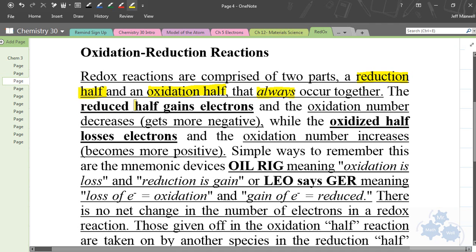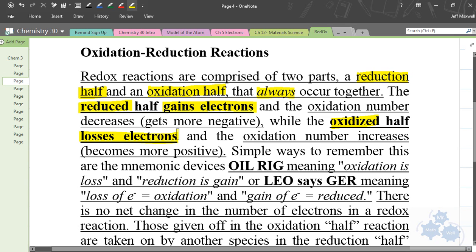The reduced half gains electrons. Now this is going to seem at the beginning a little bit backwards, okay? The reduced half gains electrons. The oxidized half loses electrons.